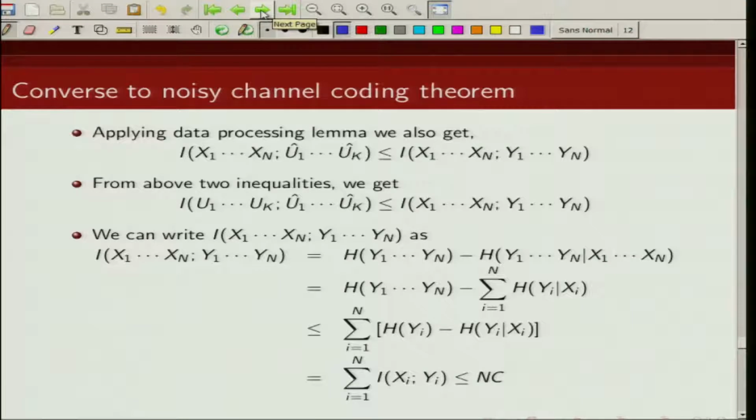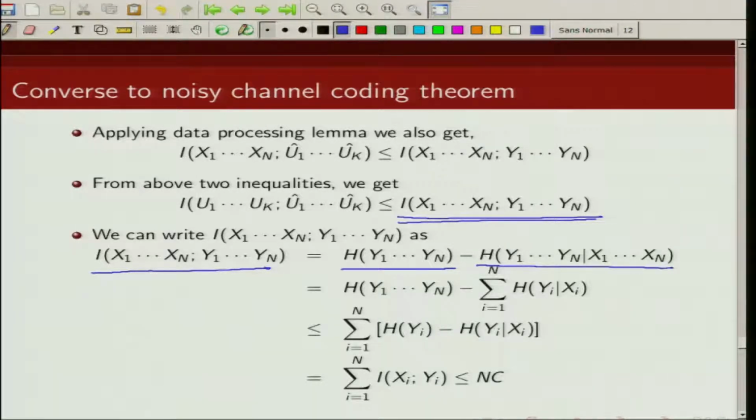Next, let us try to simplify this term, mutual information between x1, x2, x3, xn and y1, y2, y3, yn. From the definition of mutual information, I can write this as the joint entropy of y1, y2, y3, yn minus the conditional entropy of y1, y2, yn given x1, x2, x3, xn.